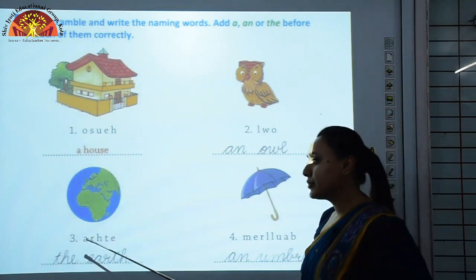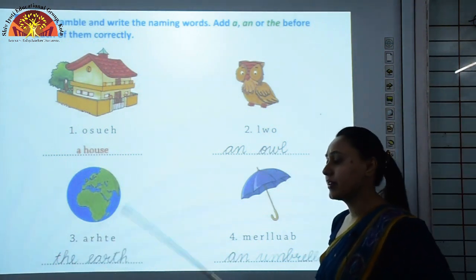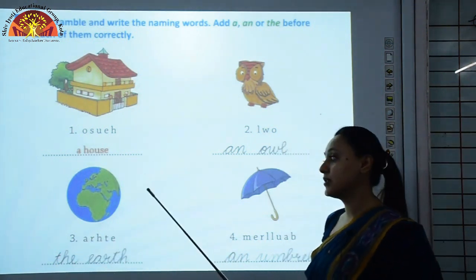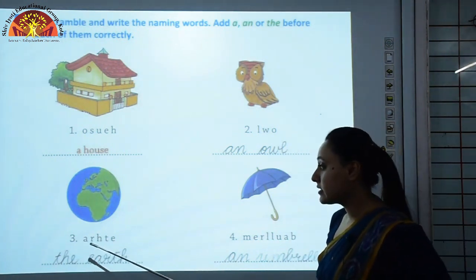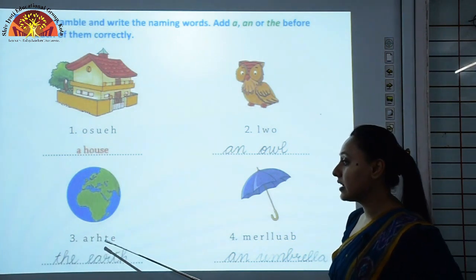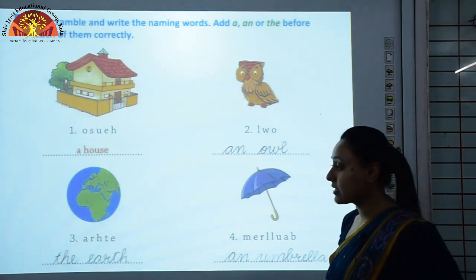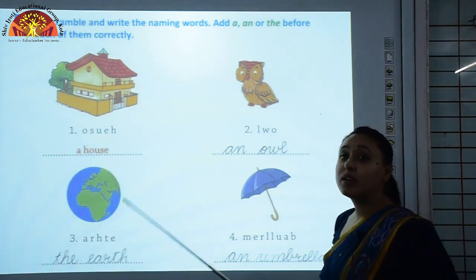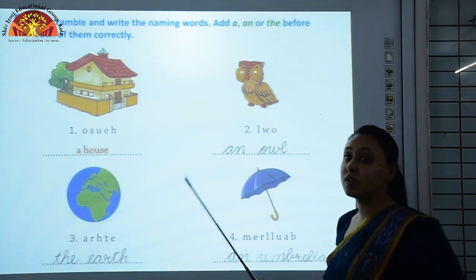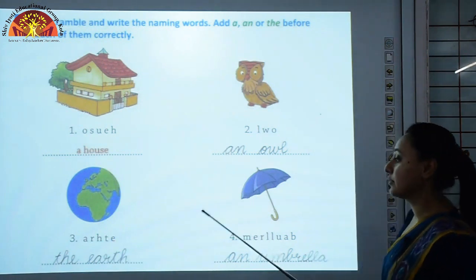Now look at number 3, this is the picture of earth, and earth is a universal object, it is common to all human beings.